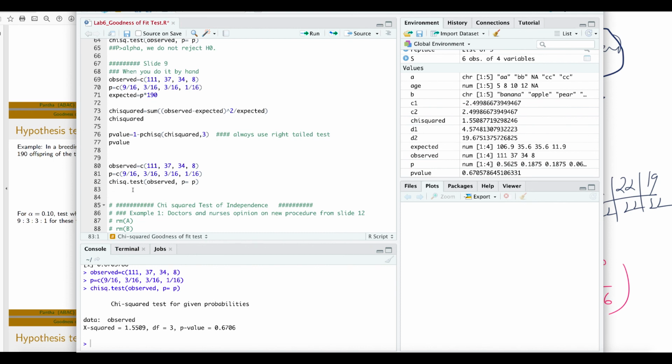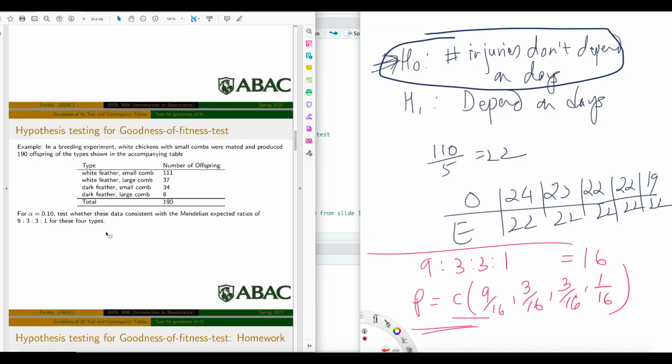So what do you get? The p-value is greater than alpha. So do not reject, right? Do not reject H0. So what was H0 in this problem? The null hypothesis is that the observed values follow the Mendelian ratio, versus the alternative hypothesis that the observed values do not follow the Mendelian ratio.